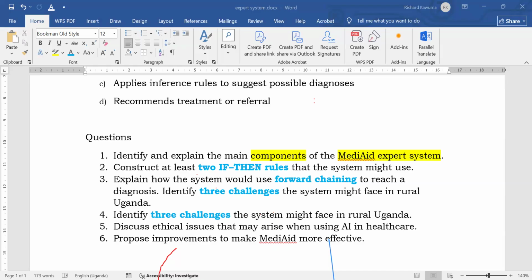Now, what about explanation facilities? Someone is asking, what about explanation facilities? Can anyone help me to answer that? No answer.